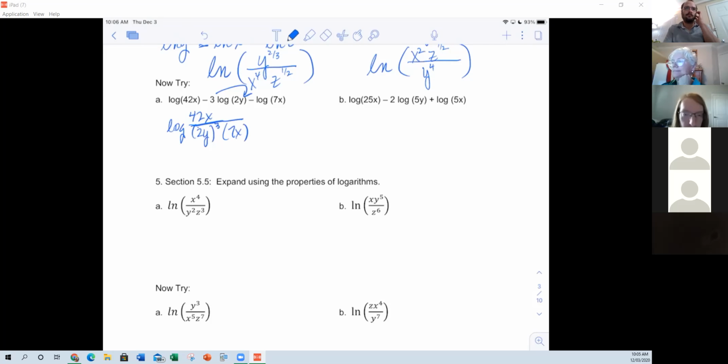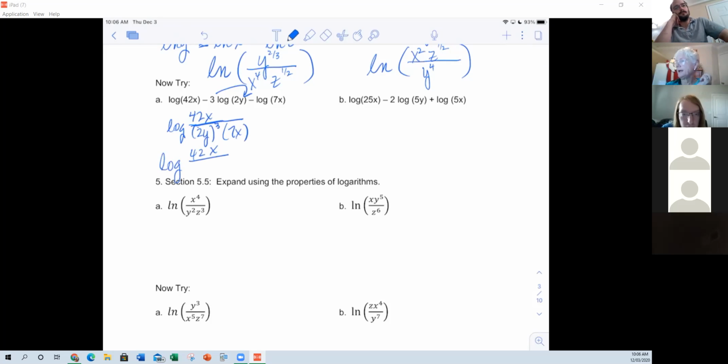And then I multiplied the bottom to be 14xy cubed. So 2 to the third is 8, right? Yeah, I might have done that wrong.